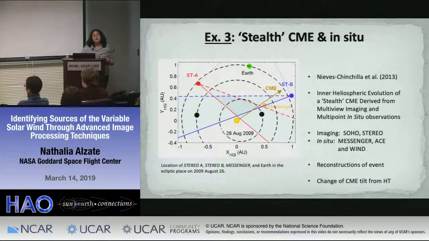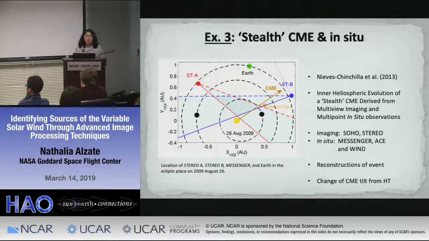Basically, it was a CME that was identified as stealth, and she traced the evolution of the entire event from in situ data all the way down to the sun.